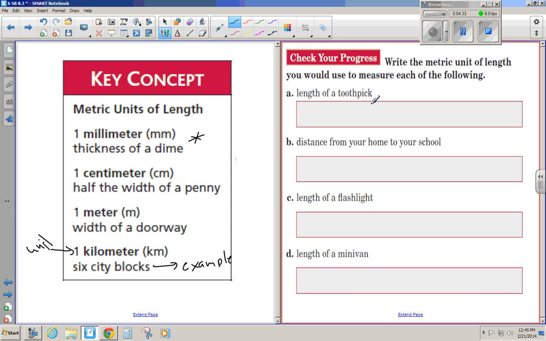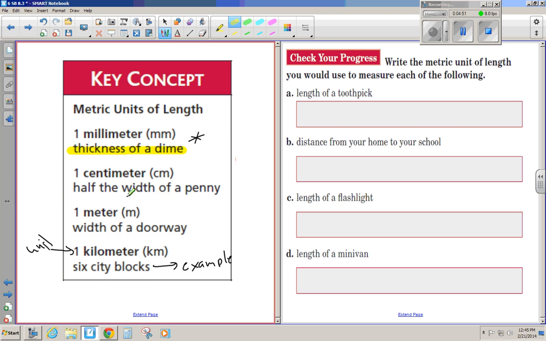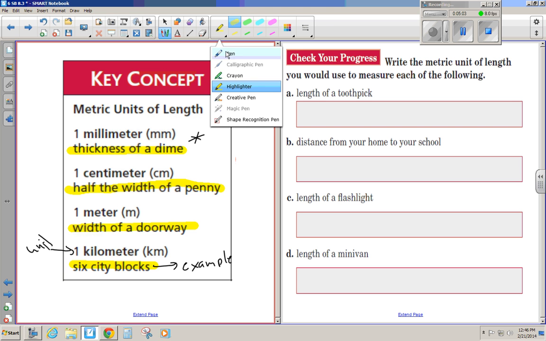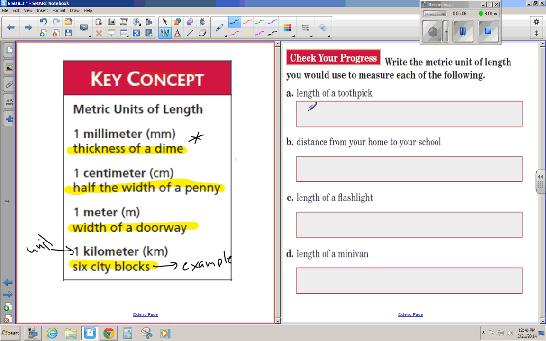All right, write the metric unit of length you would use to measure each of the following. Length of a toothpick. Well, let's compare it to the thickness of a dime, half the width of a penny, width of the door, and the length of 6 city blocks.